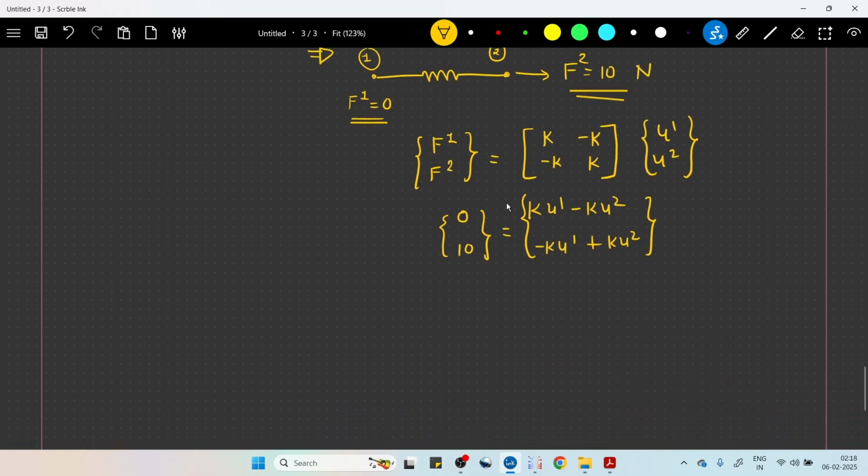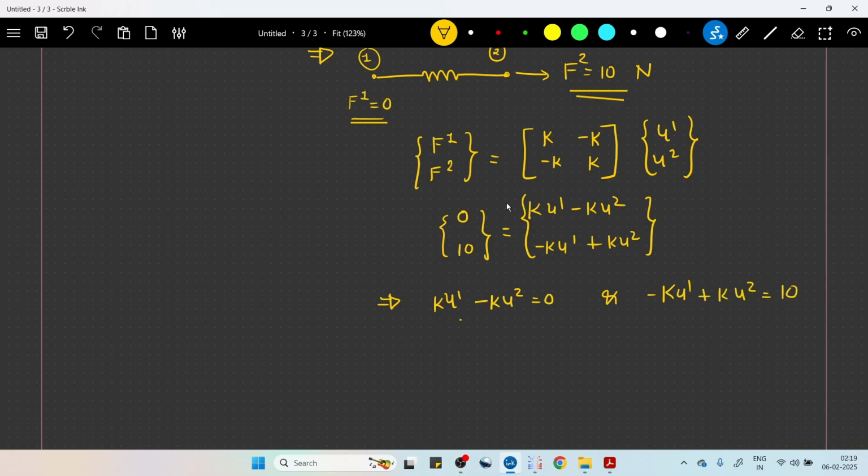That means K U1 minus K U2 is equal to 0, and minus K U1 plus K U2 is equal to 10.